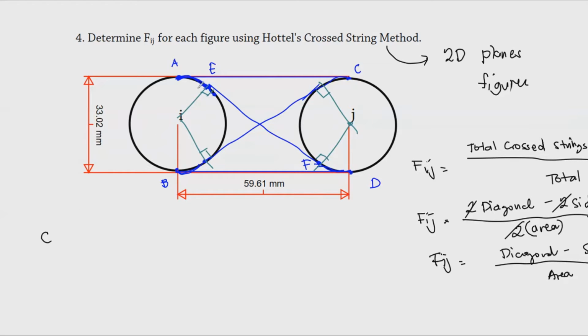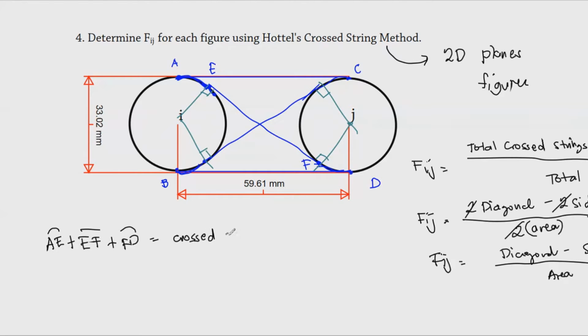Let's name the diagonal AE. So the arc AE, with the distance going to EF plus the segment, and then arc FT. So that is our crossed string.